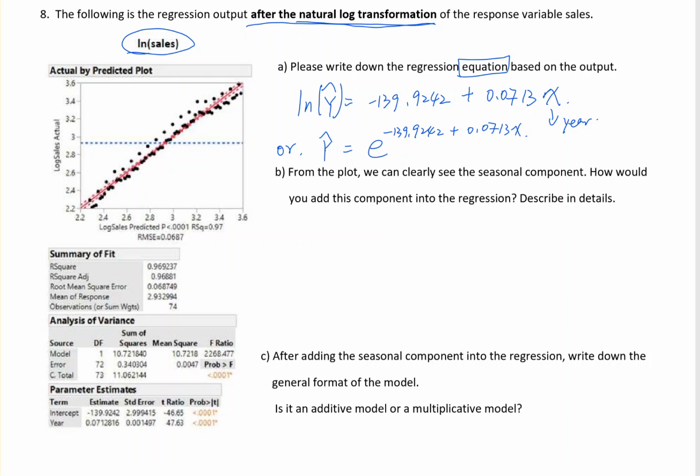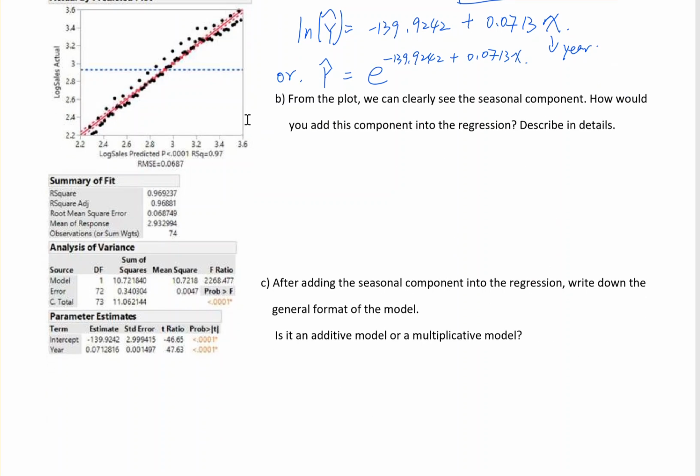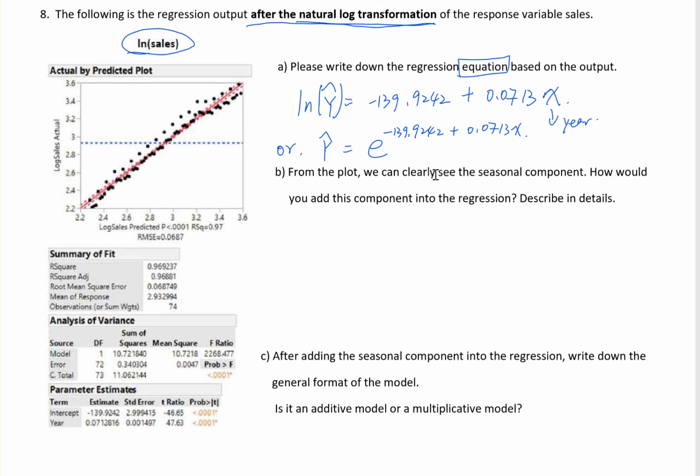All right, so number B. From the plot, we can clearly see the seasonal component, right? So this is the scatter plot. That means you will see very high and then 3 low, very high, 3 low, very high, 3 low, right? So it is the seasonal component. How would you add this component into the regression? Describe it in detail.